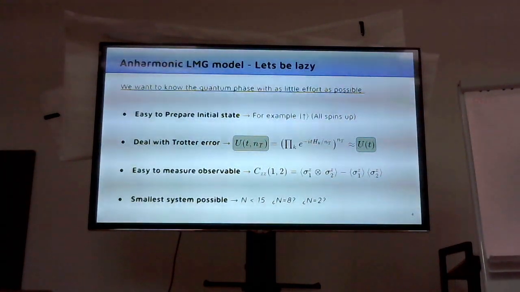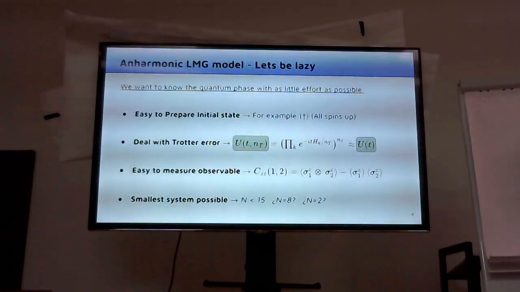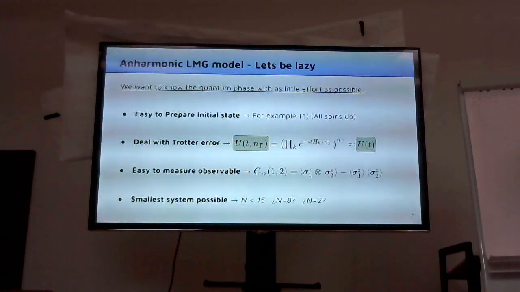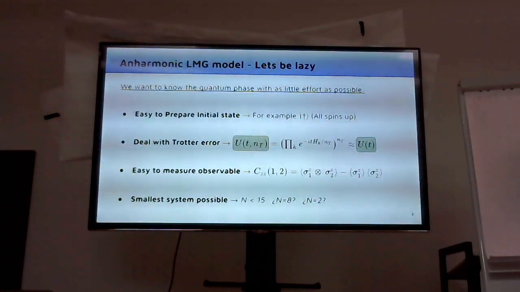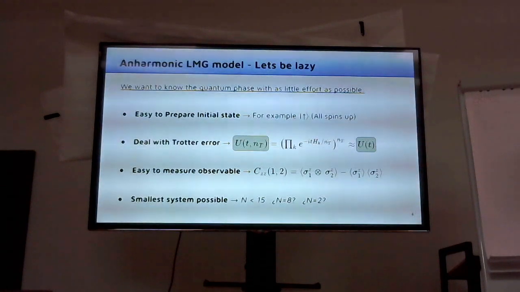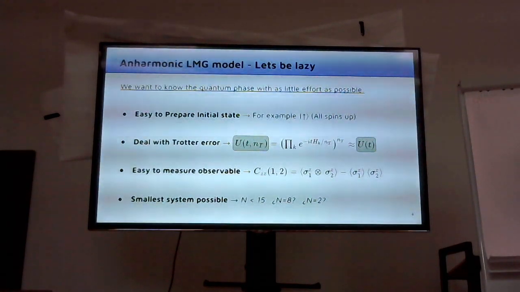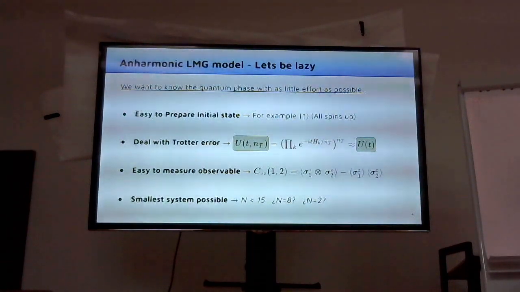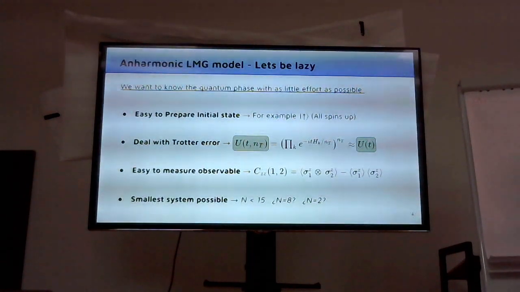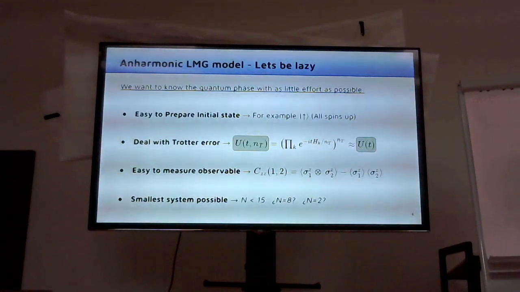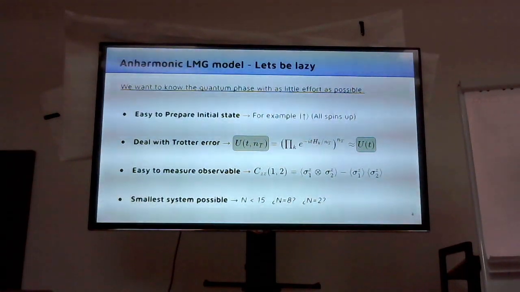But in the correlation function, you have 8 qubits, or dimension 8. I don't understand. Is N qubits or dimension N? The big N is the dimension of the system, the system size.